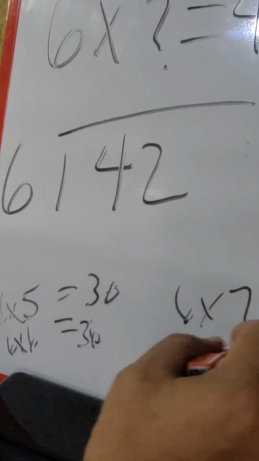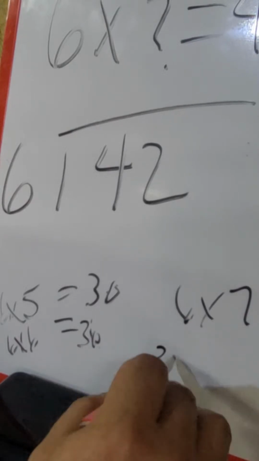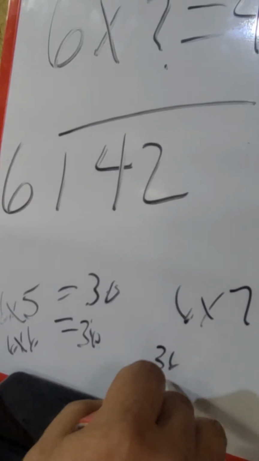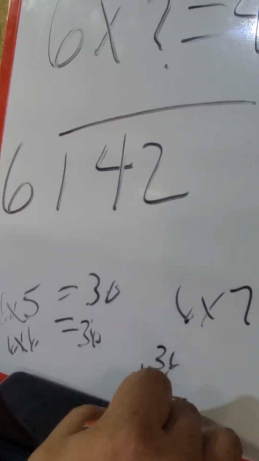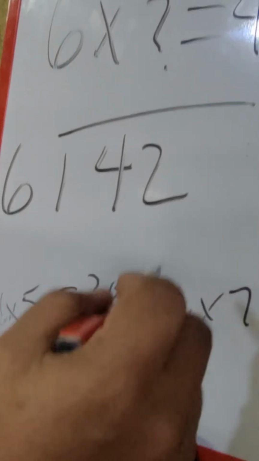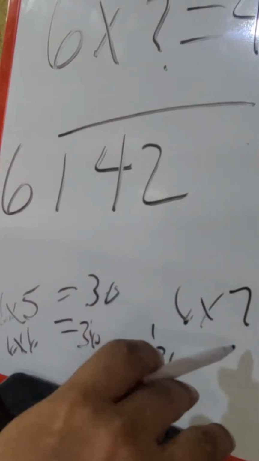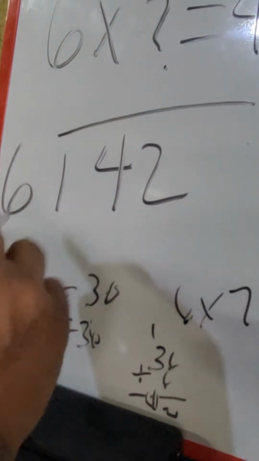Correct. Why? Because 36 plus 6 is 42. You're adding 6 more. Like I said, multiplication is a fast access to addition. It's just a shortcut to a long addition. So, again, 6 times 7 is 42.